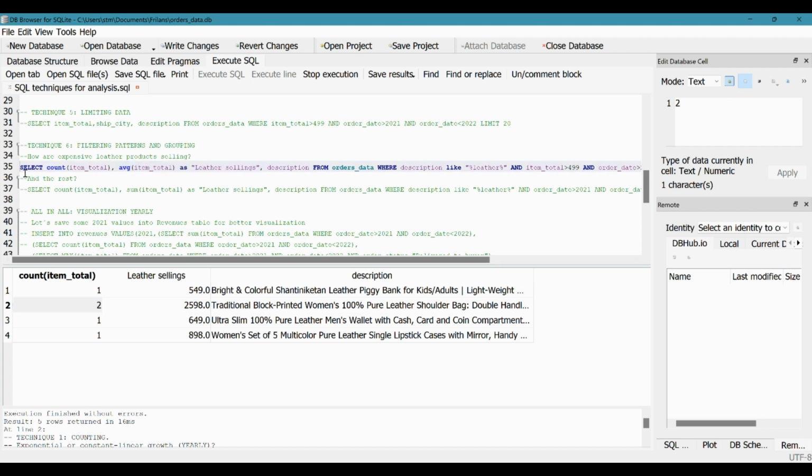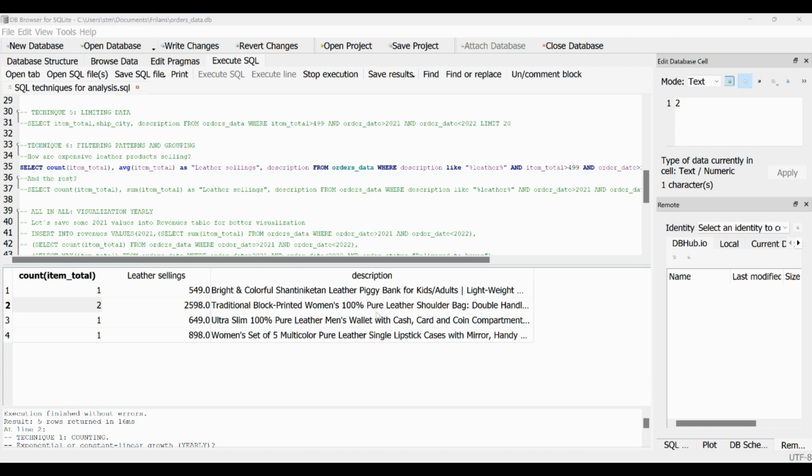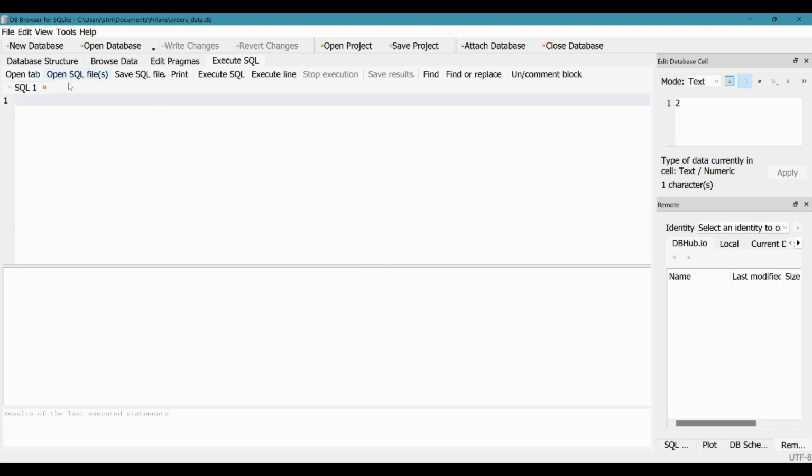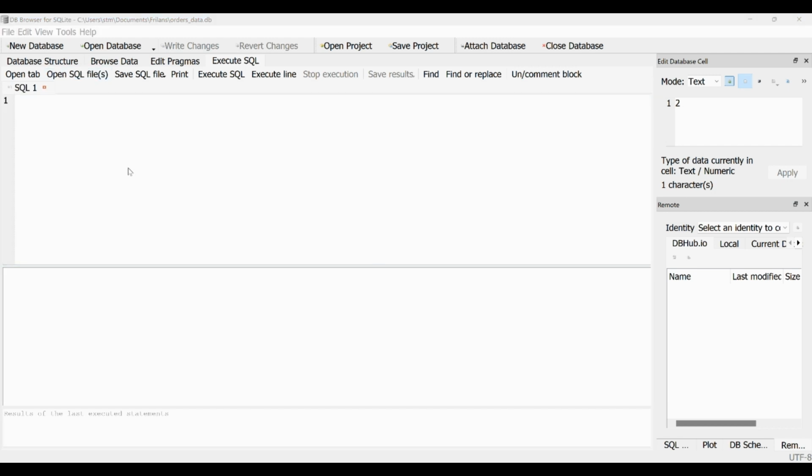But I can be curious and say, okay, but maybe also the... sorry, this has been blocked. I'm just going to open it again. Like this. Open the SQL file.